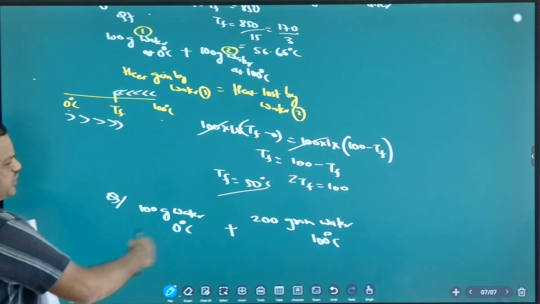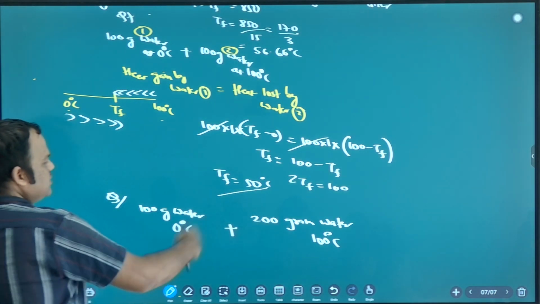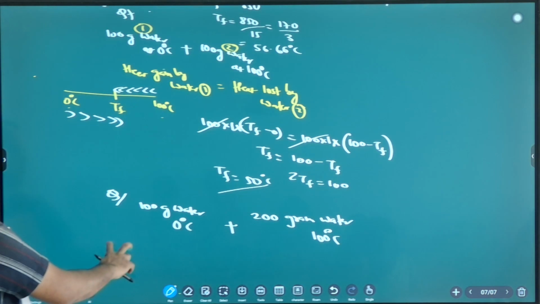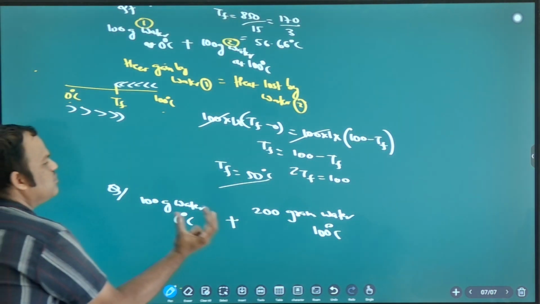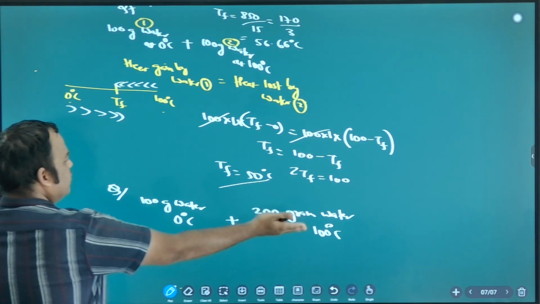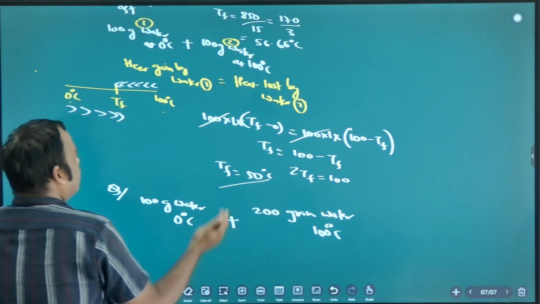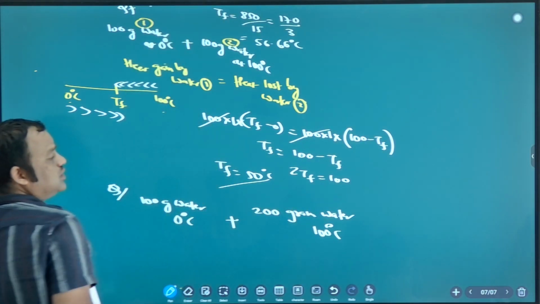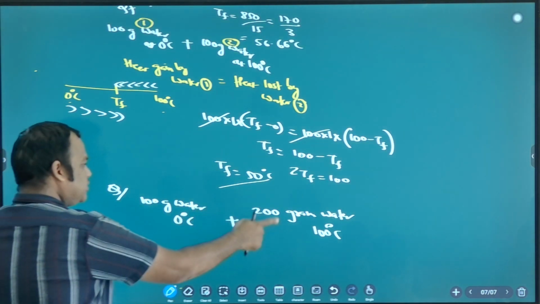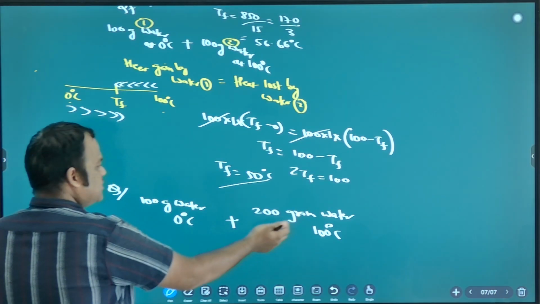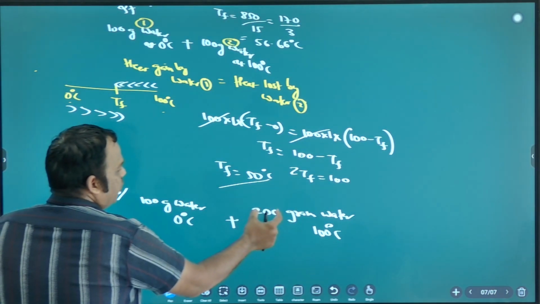What do you think? Final temperature more than 50 or less than 50? Which has more heat content? 200 gram water at 100 degrees Celsius or 100 gram water at 100 degrees Celsius? 200 gram water. More amount means more heat.